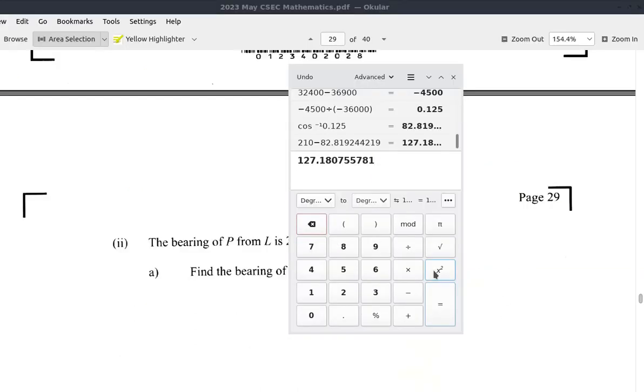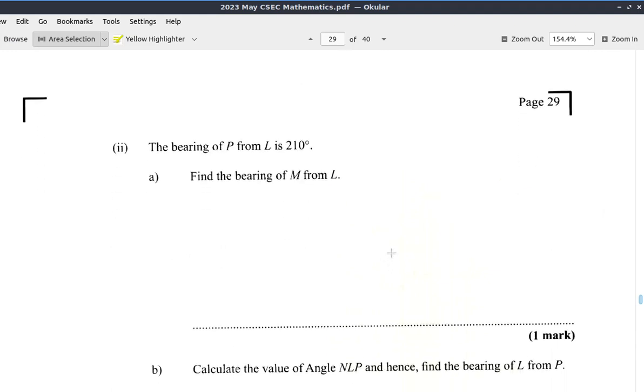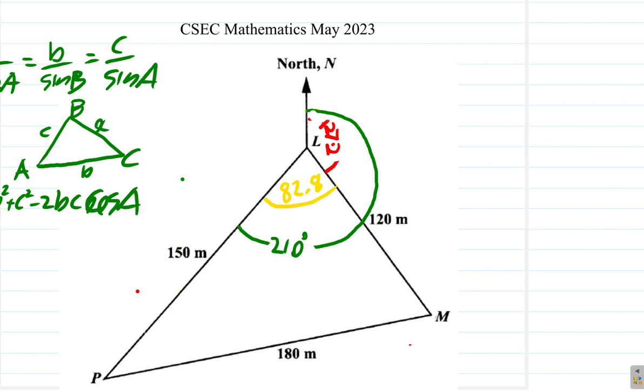What else is going on here now? Calculate the value of angle NLP, and hence find the bearing of L from P. NLP.